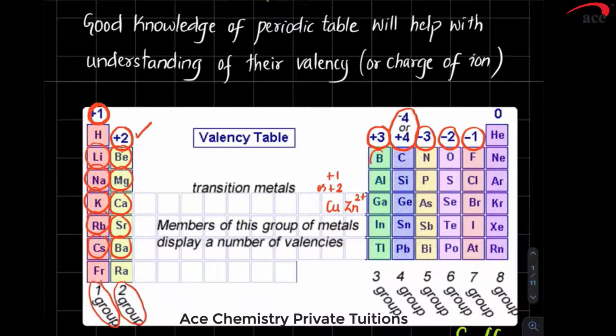Similarly, boron, aluminium, gallium, indium, thallium will have a charge of +3. While carbon can have a charge of +4, and can have a charge of -4 also. Silicon also can have a charge of +4 as well as -4. Germanium, tin and lead can have +4 charge and even +2 charge.